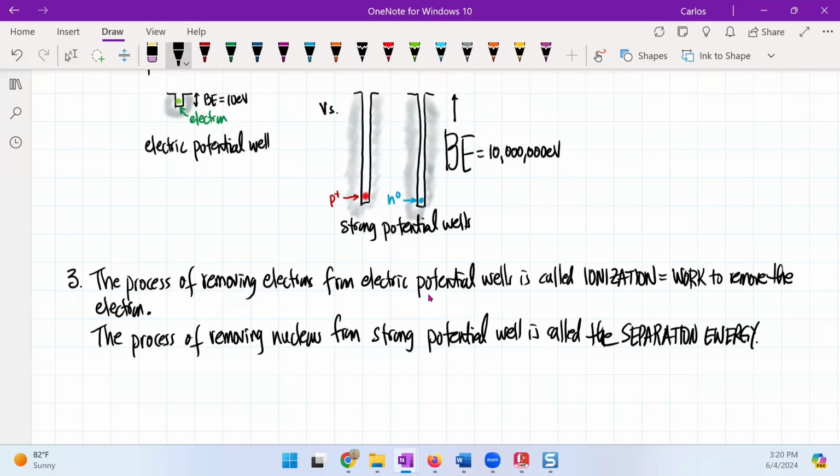And you could see that that separation energy turns out to be 1,000,000 times stronger.